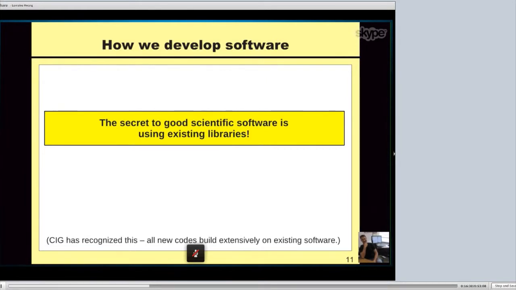And since this is a talk that is sponsored by CIG, the Computational Infrastructure in Geodynamics, I do want to say that CIG has very much recognized this, of course. All of the new codes that are built by CIG engineers or in collaboration with CIG actually do build extensively on existing software, and I'm going to introduce a few of these packages that other people have used, or that are being used in the CIG software.